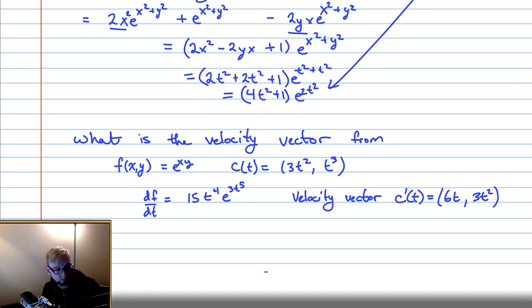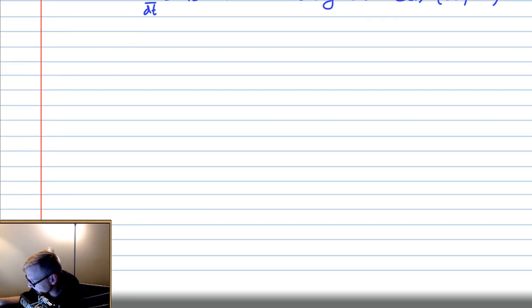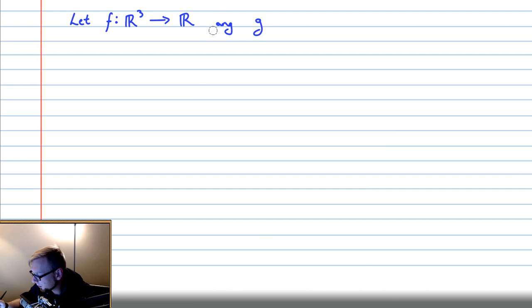Okay, this one I'm not going to know for sure how to do. We'll just do it, see if we can find the answer. This one is: let f go from R3 to the reals and g, oops, that's not an and, g go from R3 to the reals, be differentiable.